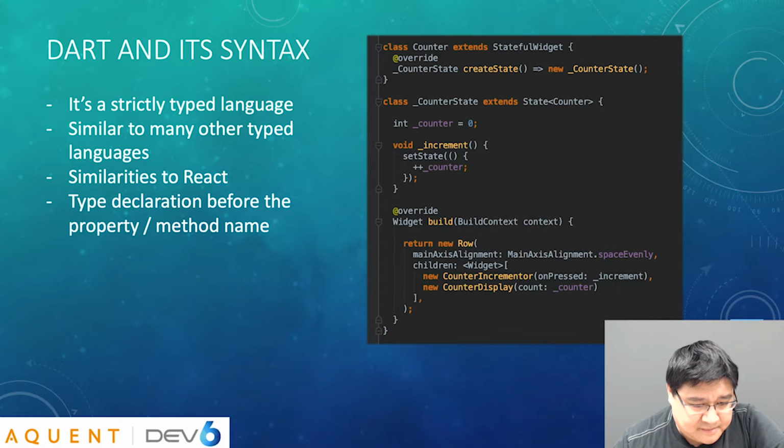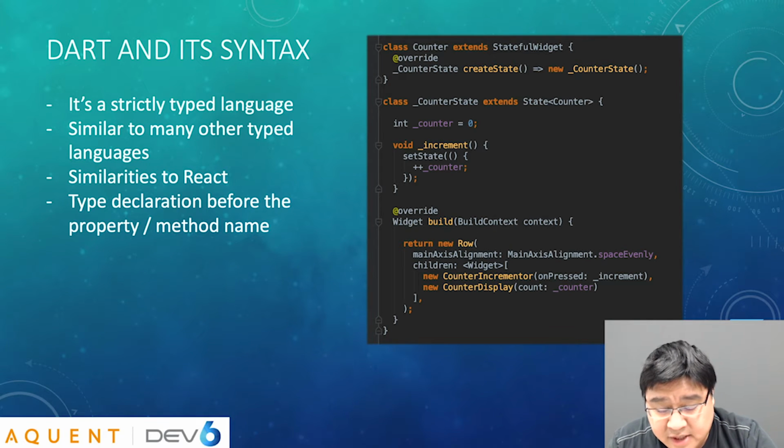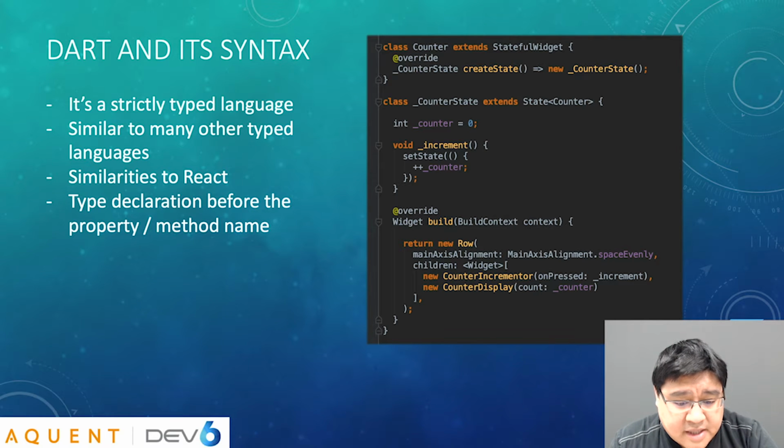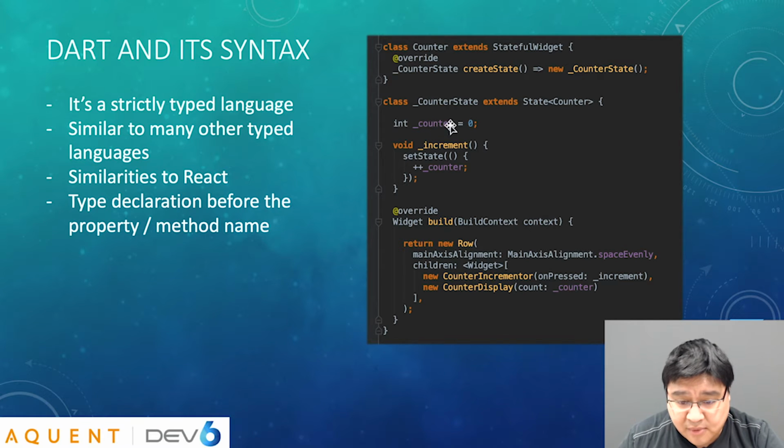So moving on here. With Dart, it is an extremely typed language. It is similar to other typed languages, kind of similar to Java in a way. They tend to declare the types and property names beforehand. So as you can see here, they have the declaration of an integer declared before the variable name.